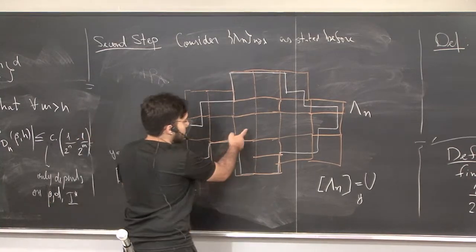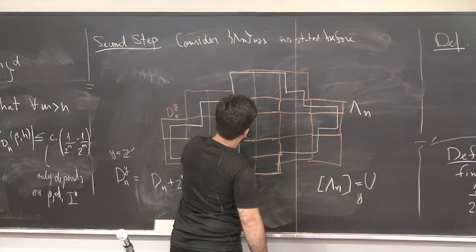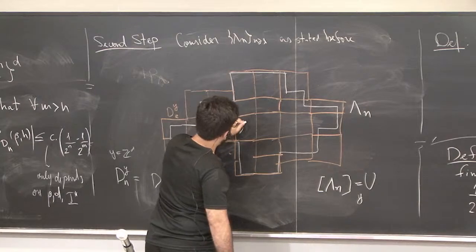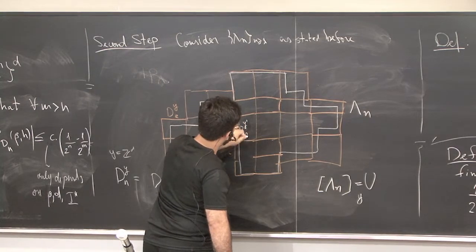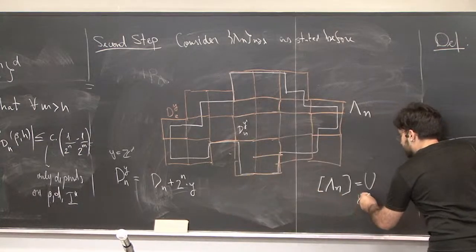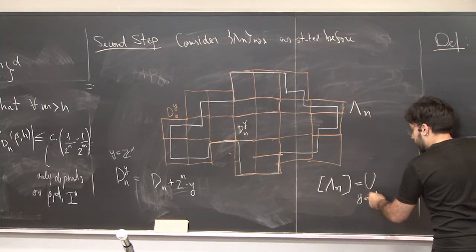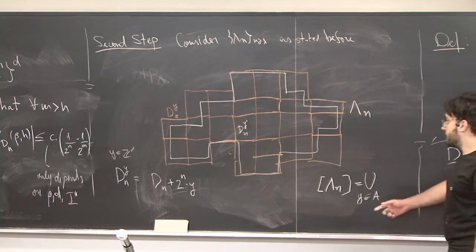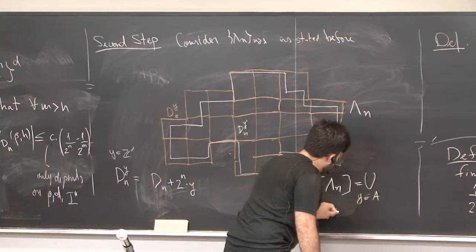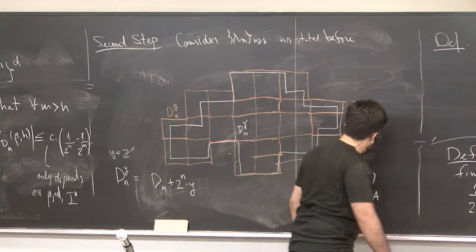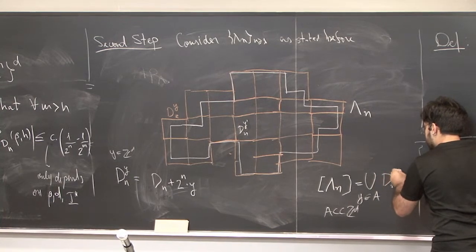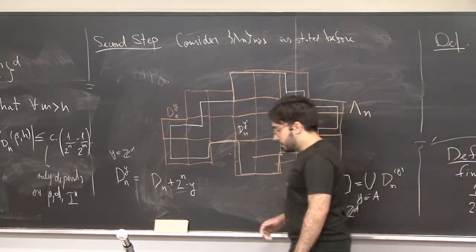So there always exists some translation where I can write this cube as the translation of this one. So this is actually a union over y inside some finite set A in ZD, and you take a union over all cubes that cover lambda n.